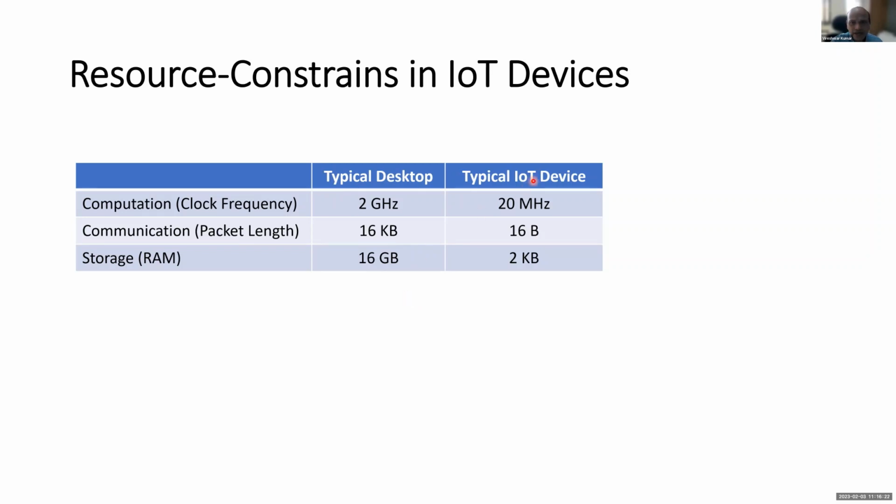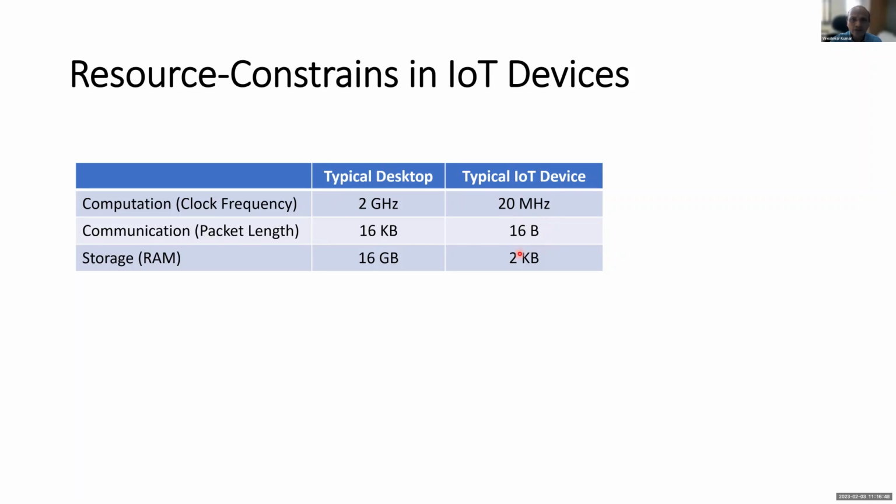But if I look into a typical IoT device, the clock frequency is significantly lower. So a couple of orders of magnitude lower. Okay, so now you are seeing at least 2 orders of magnitude lower in this example. It could be different for different IoT devices. The bandwidth that is being utilized, the numbers are in terms of bytes here.